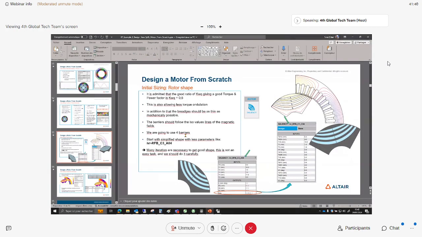Now, the more complicated task here for the synchronous reluctance machine is to find the right shape for the rotor. So from the indication we have seen yesterday, we said that there is an impact of the number of layers.